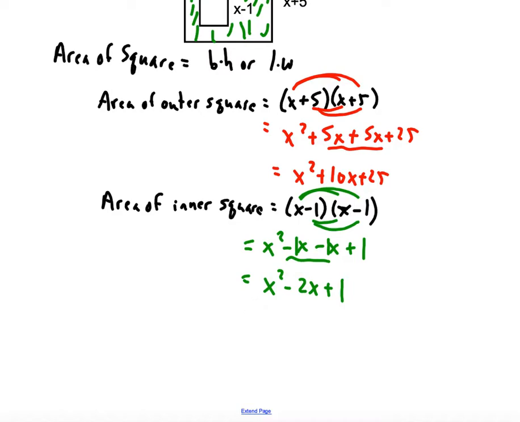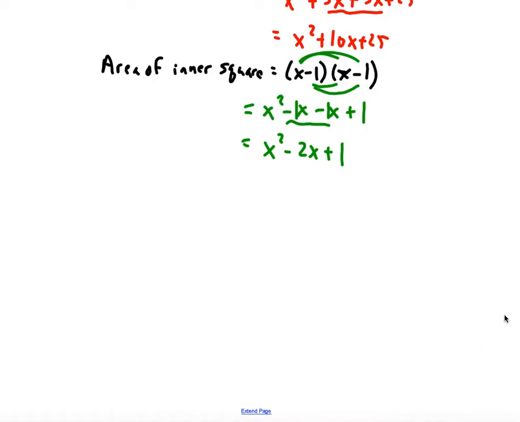All right, so to get the area of only the shaded in region, we have to take the area of the outer square minus the area of the inner square.